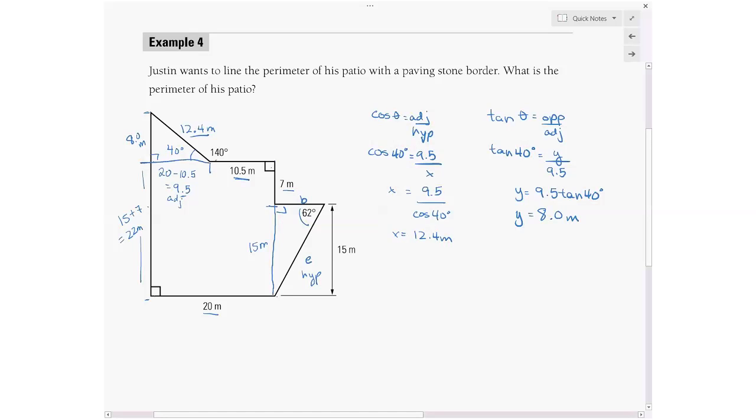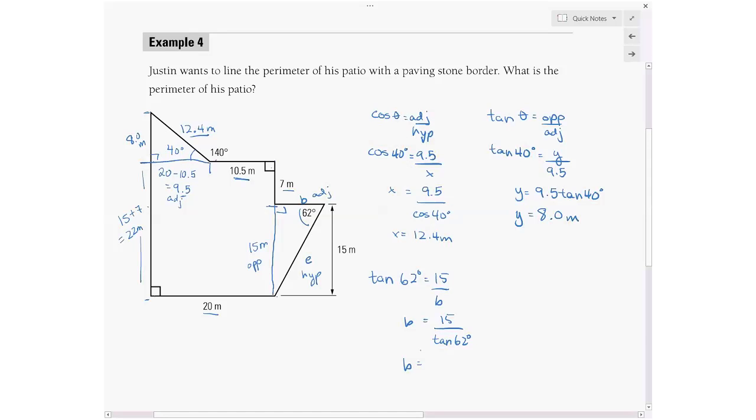So for B, let's look at what everything is. That's a hypotenuse. B is the adjacent. And 15, that's the opposite because it's opposite my angle. So let's go with B first. I have 15, adjacent and opposite. Again, that's tangent. Tangent of theta is equal to the opposite, which is 15, over the adjacent, which is B. B is on the bottom, so I have to divide: 15 divided by tan 62 degrees.